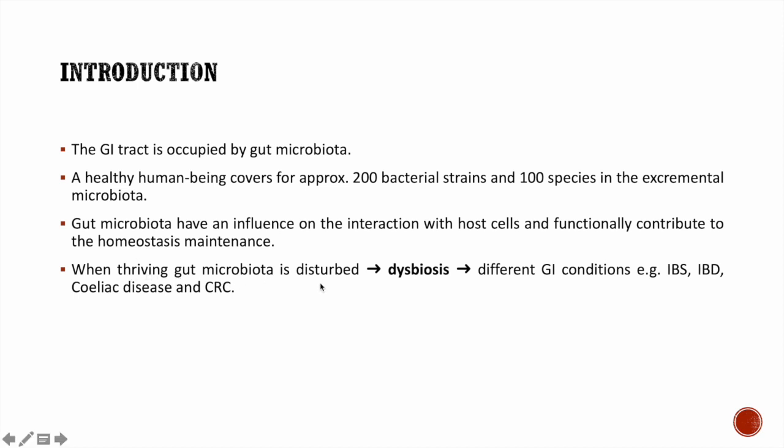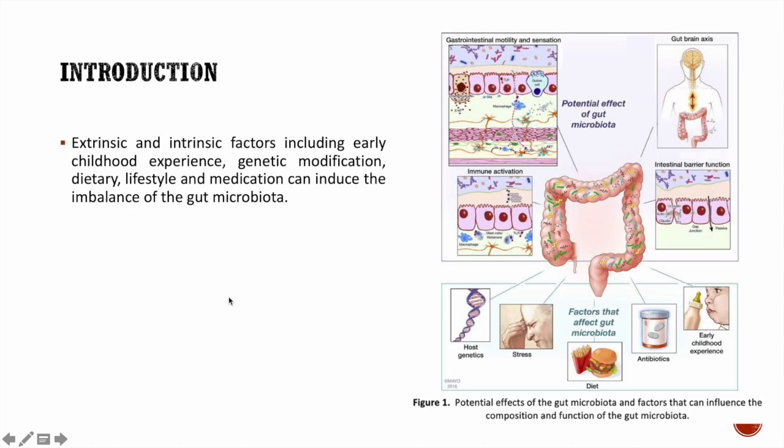Nevertheless, when the thriving gut microbiota is disturbed, a condition referred to as dysbiosis, the modified microbiome structure can predispose to different GI conditions such as IBS, irritable bowel syndrome, IBD, inflammatory bowel disease, celiac disease, and colorectal cancer.